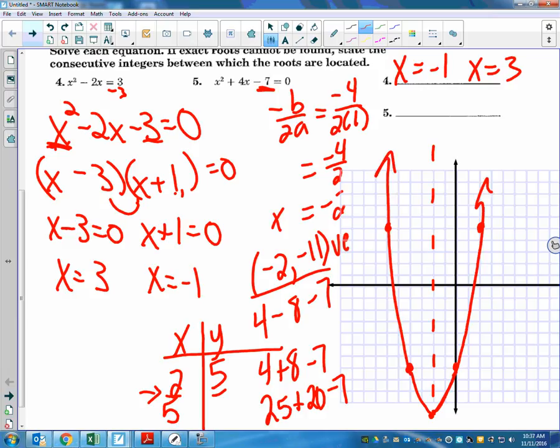So x is in between 1 and 2, and x is between negative 5 and negative 6. Those are the zeros, where it crosses, which is what I would write up there.